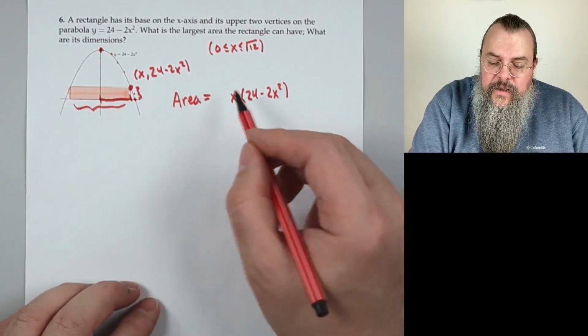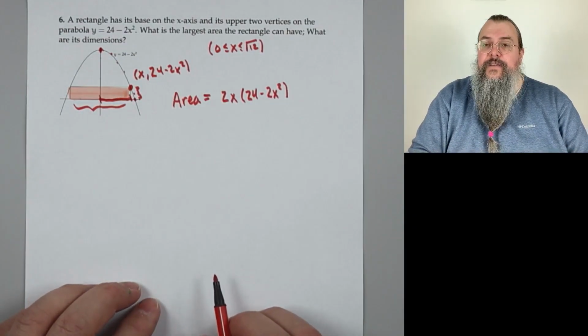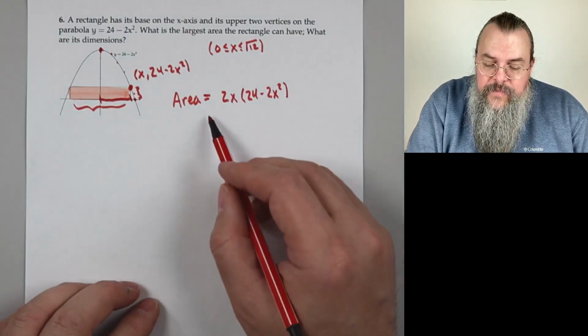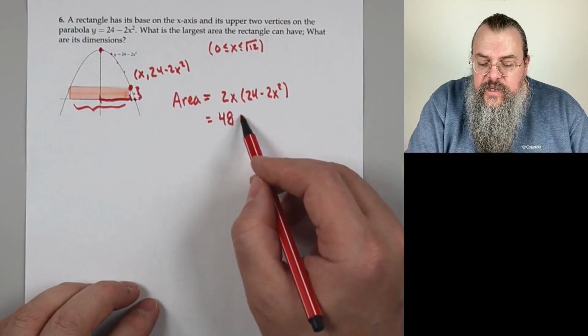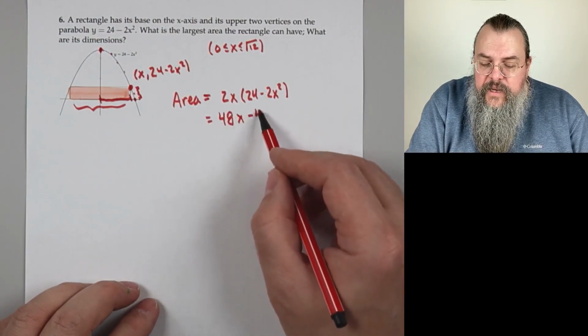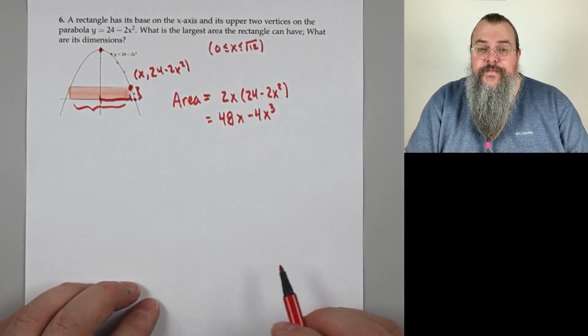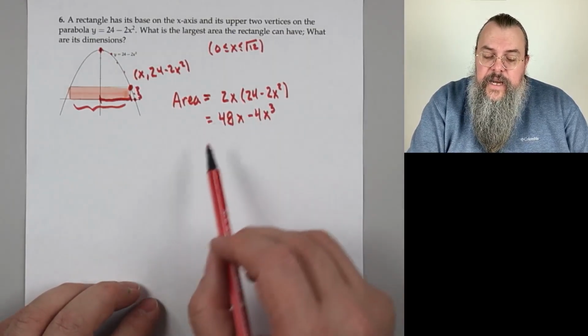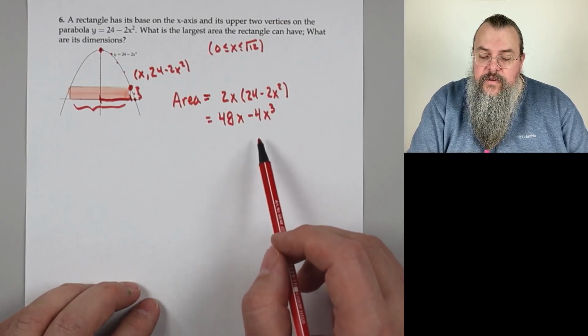So we just say, okay, double, and that's our real area. So 2x times 24 minus 2x squared. Now, in terms of the optimization, it doesn't change anything. In terms of the final answer, well, it'll be off by a factor of 2. So our area for any choice of x is 48x minus 4x cubed.